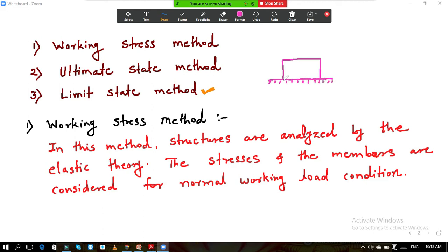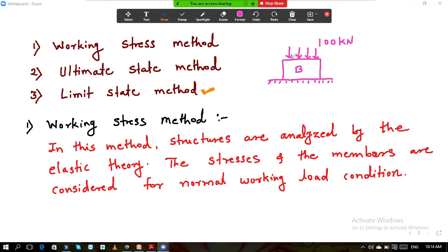Before design we will do analysis, and while doing the analysis we found that the forces acting on this block are of magnitude 100 kilonewton. For your understanding, I am just taking values. Before designing this block we analyze which type of forces are coming on the block and what the magnitude of the forces is.